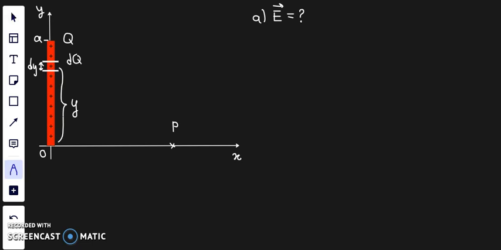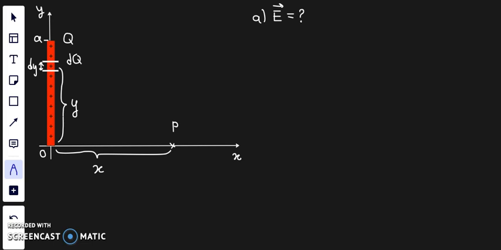Here's an arbitrary small piece dq. Its width is dy, and its vertical position is basically y. Point P is located at a distance x from the origin. That's the horizontal distance x from the origin. Now note that in this problem, y is a variable but x is a constant value because the location of the arbitrary point P is fixed.